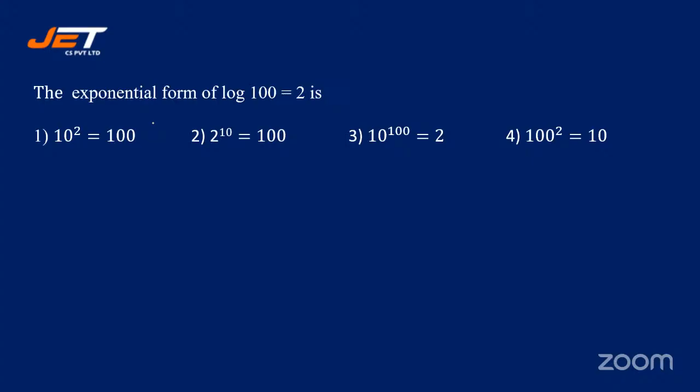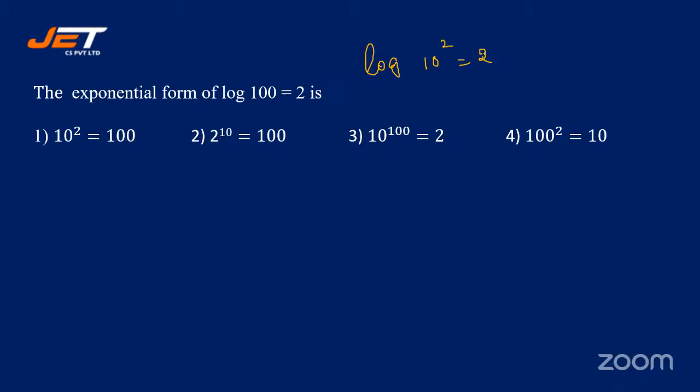Log 100 can be written as log 10 square, isn't it? So log 10 square is equal to 2.